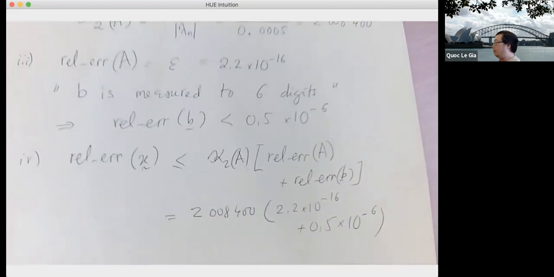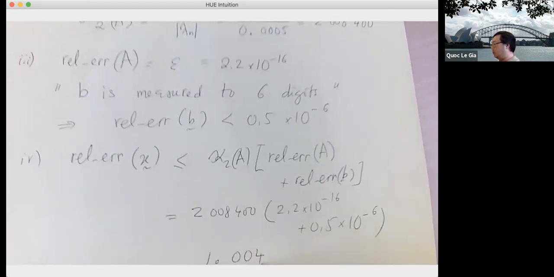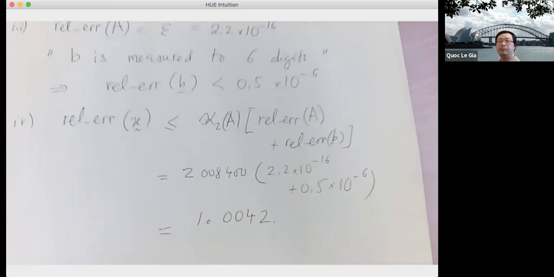So you see that this quantity is very small compared to this one, so the error will come from the second term. This one is about 2 million, this one is about half of 1 over a million, so it will cancel out and give you 1.0042.